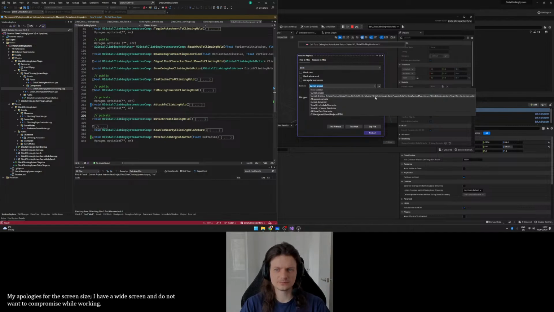Let's go to here and then let's go to maybe the source. That looks right, and let's come out of plugins as well, I think.